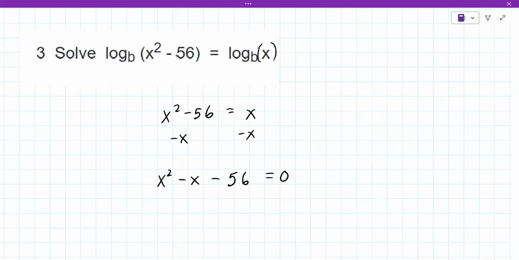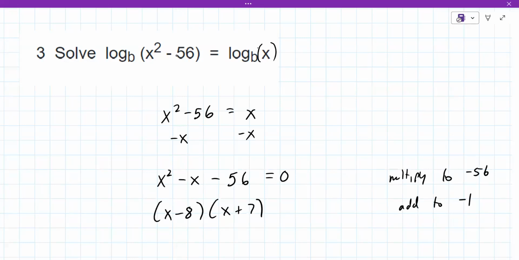Now you're looking for two numbers that multiply to minus 56 but add to -1. -8 times 7. So we got x minus 8, x plus 7, set them equal to 0. That gives me those two solutions. x equals 8 and -7.